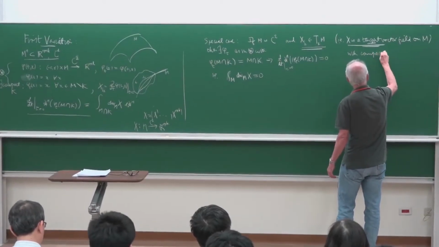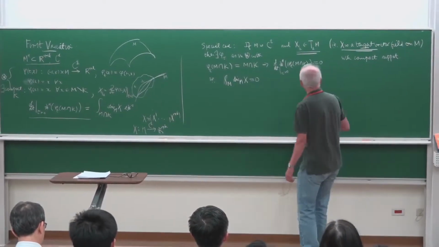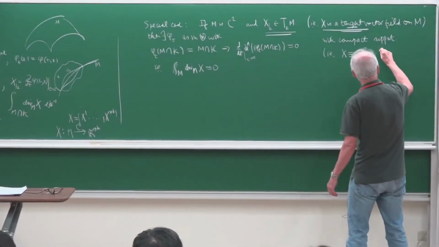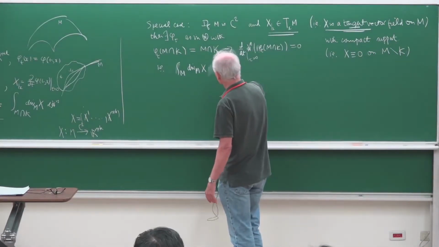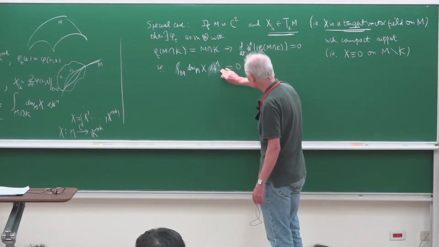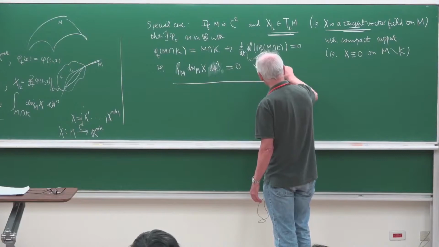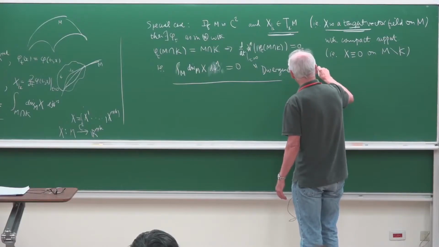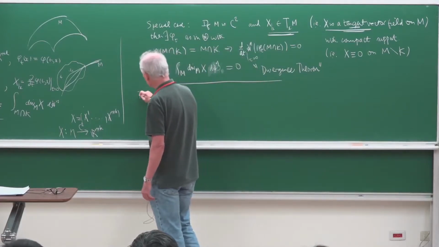Notice that's always assumed in any of these cases: X is identically 0 on M minus a compact set K. So of course you need that, but otherwise no restriction except that X is a tangent vector field. Then you get that this is 0. So that's the classical divergence theorem for submanifolds, for C^2 submanifolds. It's called the divergence theorem. Okay, and now let's go back to the general case.